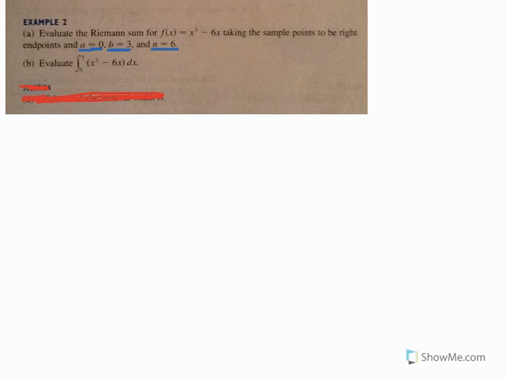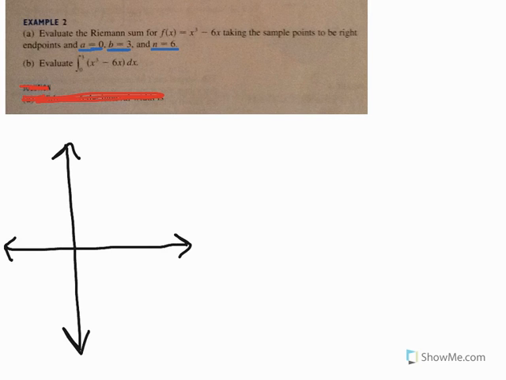I'm going to go ahead and graph that on my calculator. If you graph that, you see, and I don't really need to look at when x is less than 0 because we're looking at x equals 0 to x equals 3.